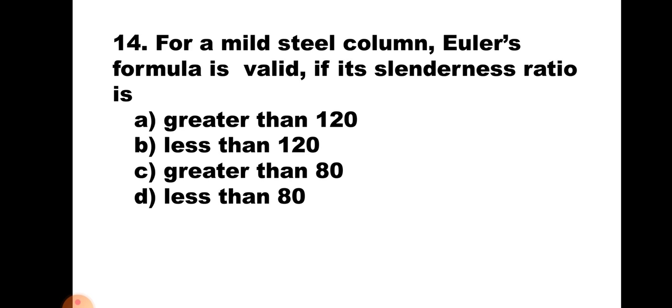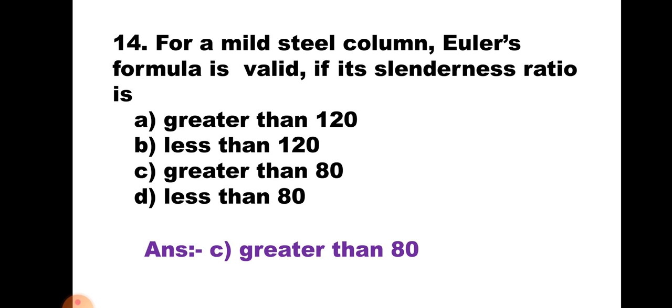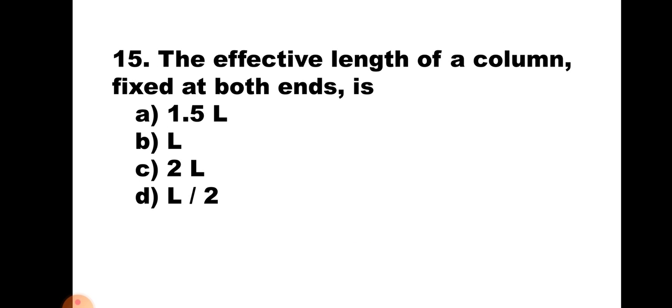Hence the correct answer of this is C, greater than 80. Question number 15. The effective length of a column fixed at both ends is A 1.5 L, B L, C 2 L, D L by 2. For both ends fixed, effective length is L by 2. Hence the correct answer is D, L by 2.